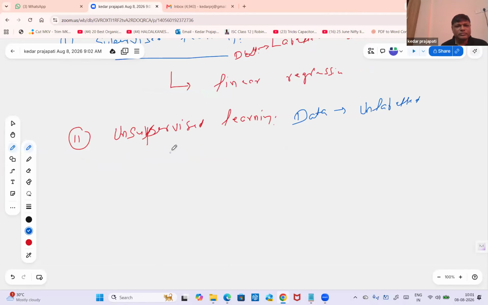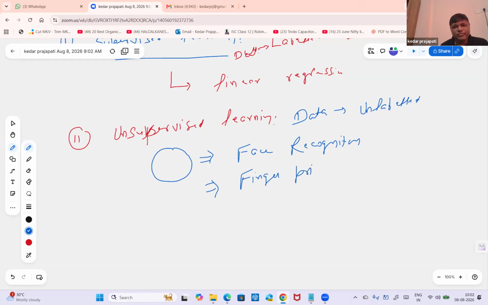Suppose today when we go and create something, an account or something, it asks for your face recognition or your fingerprint authentication.